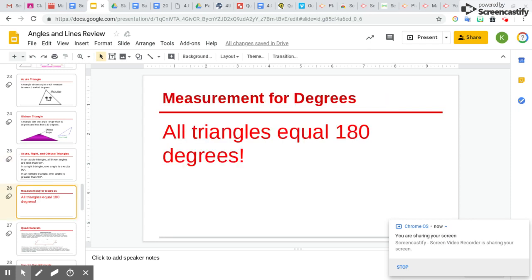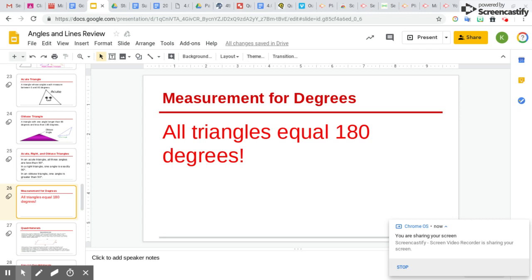One important thing that I want to make sure you know is that all triangles equal 180 degrees. When we start using protractors soon, I won't say it's next week, because we've got to make sure we get this geometry down before we move into measurement data again, but this time with protractors.